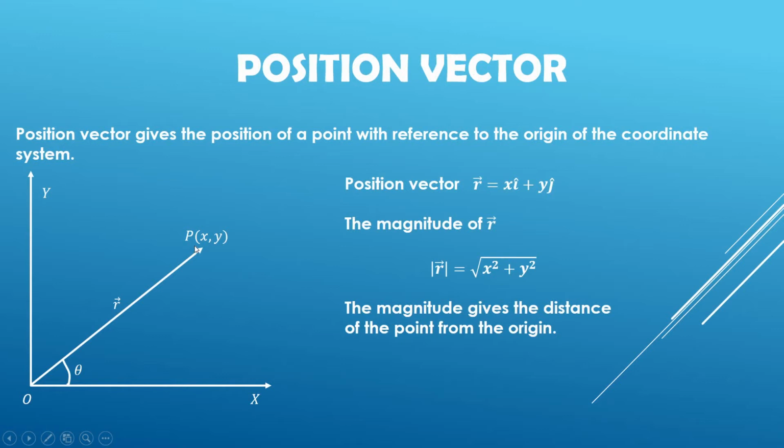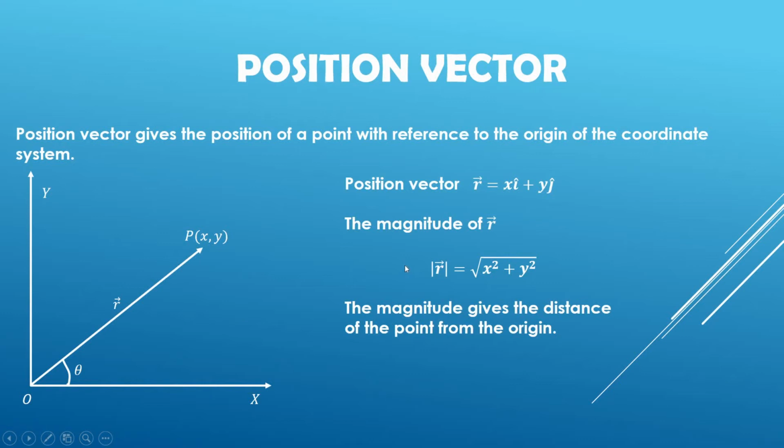Suppose a particle is kept at P(x, y). x, y is the coordinate of the particle, and the position vector is represented by drawing a straight line from the origin to this point (x, y), and the direction of this position vector is always away from the origin.